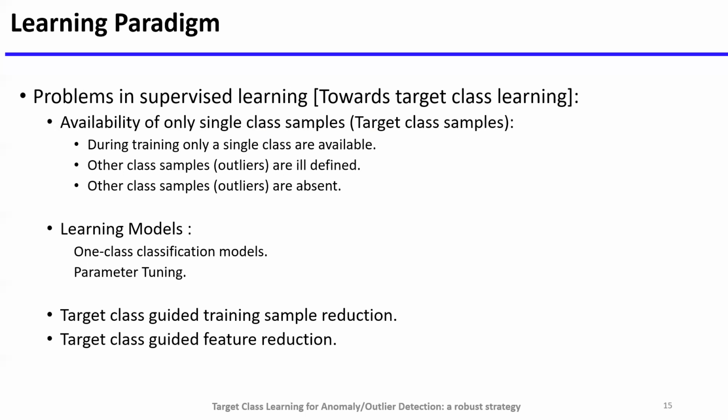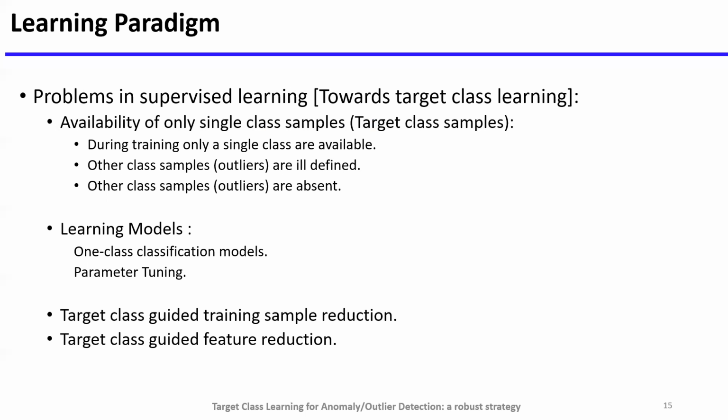This can be one problematic situation. One solution could be moving towards target class samples or target class mining, or we should explore the possibility of one class classification models.